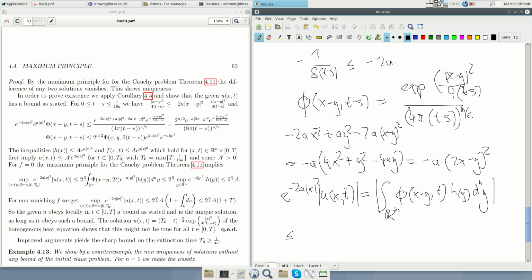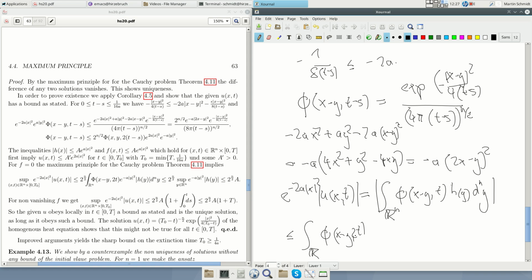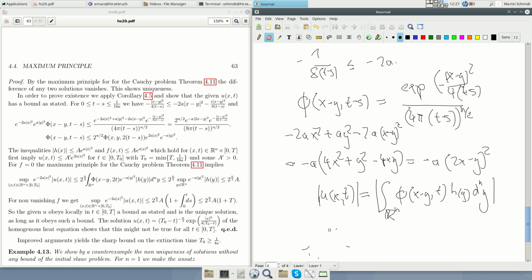So this is smaller than the integral over Rn of phi of x minus y, t. And now we use this estimate. So we replace t by 2t, with 2 to the power n half. Sorry, this factor we don't have yet. But now we put this factor in.